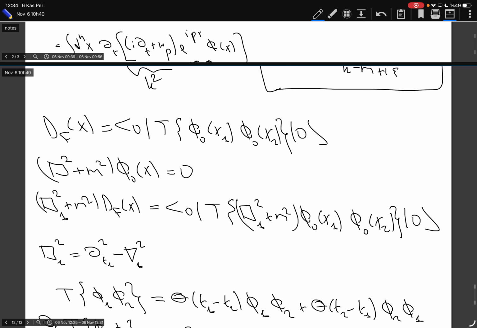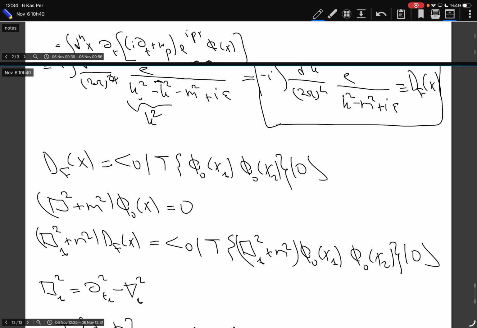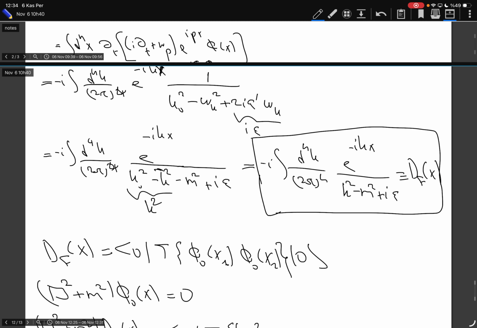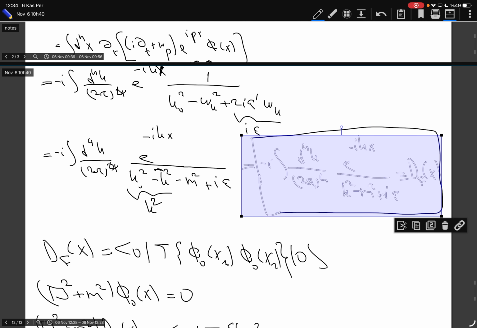Well, you see, if you go back to our solution, there are all these factors of i, which I didn't write over here. If you act on this with the Klein-Gordon operator, you will get k squared minus m squared inside the integral, canceling the denominator. What remains will be a four-dimensional Dirac delta.